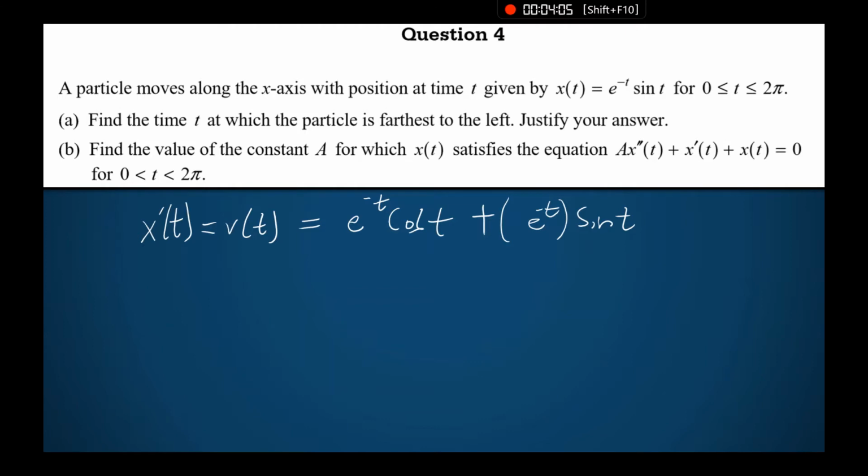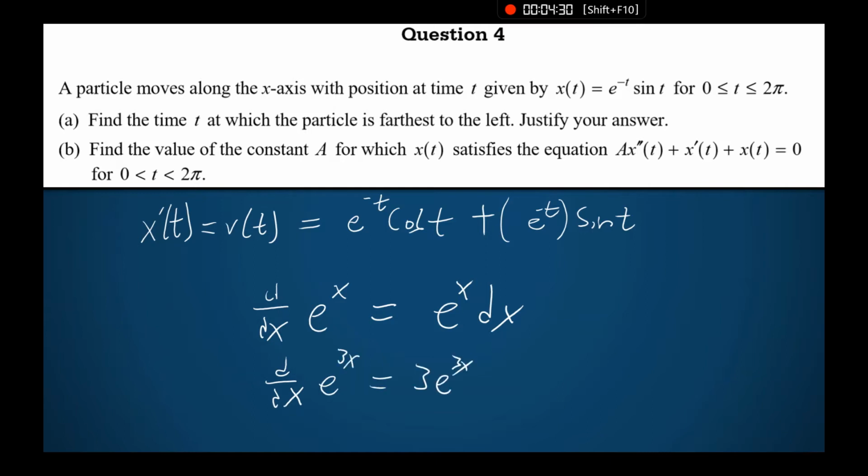What's my derivative of the power right now? If I derive e to the x, I get e to the x times dx with chain rule, right? So if I was to derive e to the 3x, I would get 3e to the 3x.